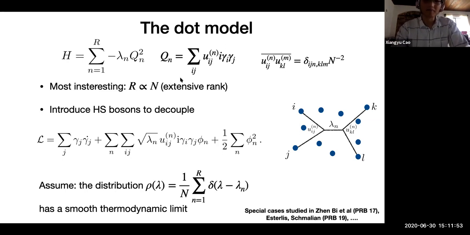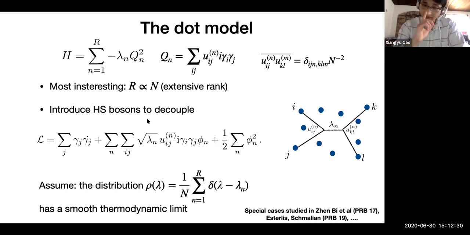So instead of writing J_{ij;kl}, I would write the Hamiltonian as a combination of squares of fermion bilinears, and these bilinears are all random bilinears with random, independent coefficients normalized appropriately. As I said, and as we will see, the most interesting physics happens when the rank R of the matrix is proportional to the number of fermions N.